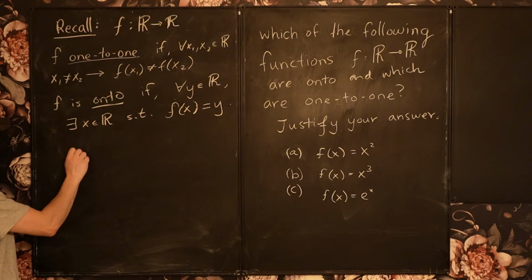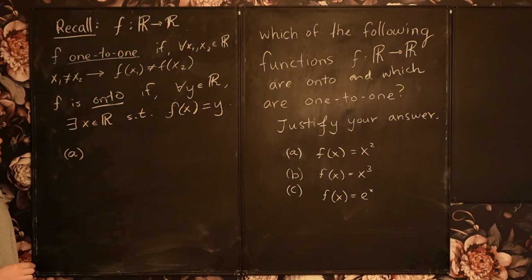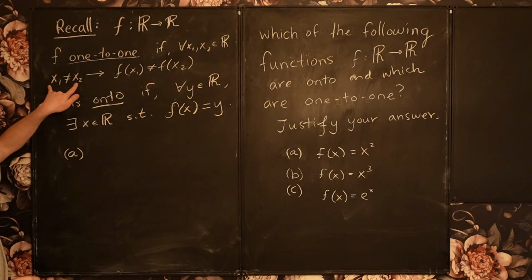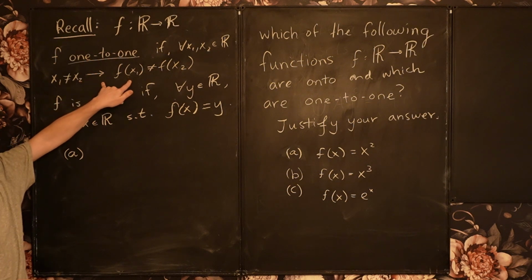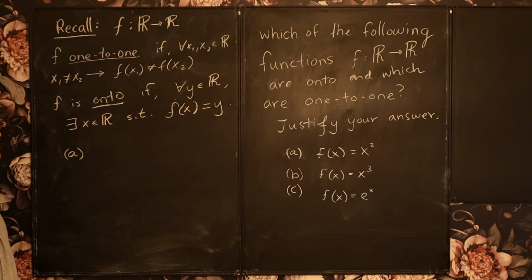Okay, so we already mentioned that it's not 1 to 1. How do we prove that? Well, to prove that this logical statement is false, we just need to demonstrate a counterexample, and it will automatically be false.